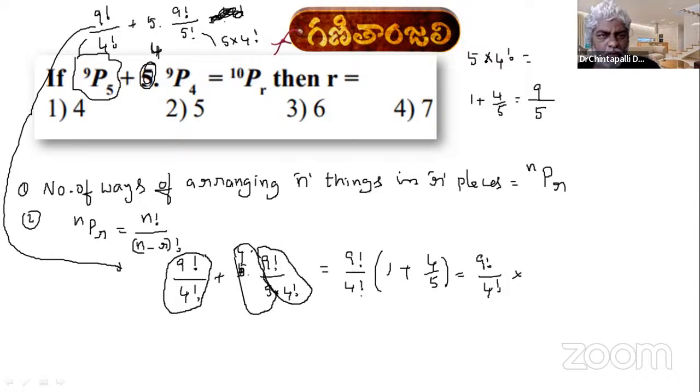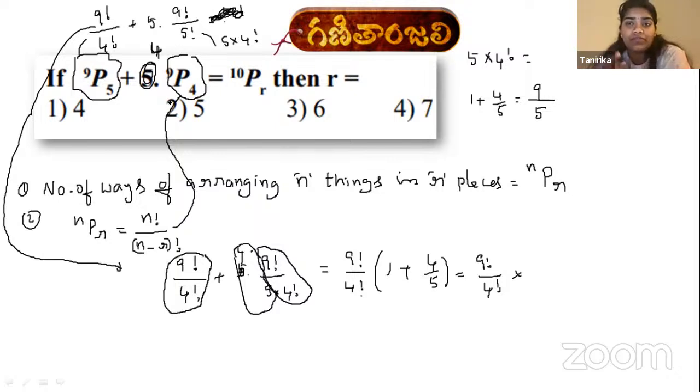So 5 into 5 factorial. 9 factorial by (9 minus 4) factorial. See, what is the nPr formula? n factorial by (n minus r) whole factorial. So what is 9P4? Nine times 8 times 7 times 6 times 5 times 4 factorial. Using this formula, 9 factorial over 5 factorial, 9 minus 4 is 5 factorial.